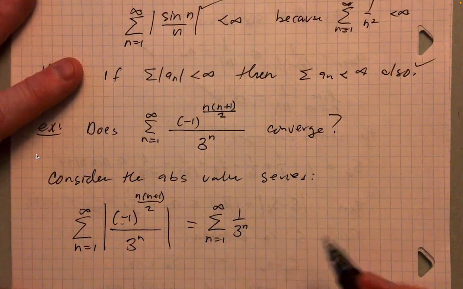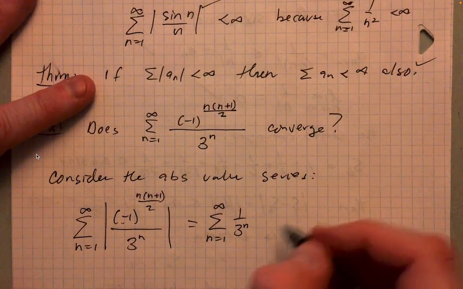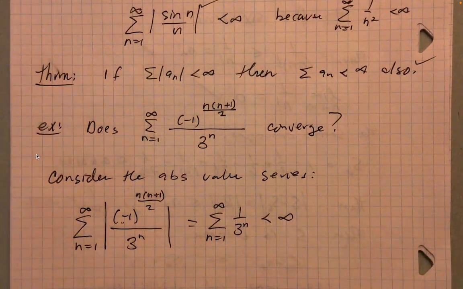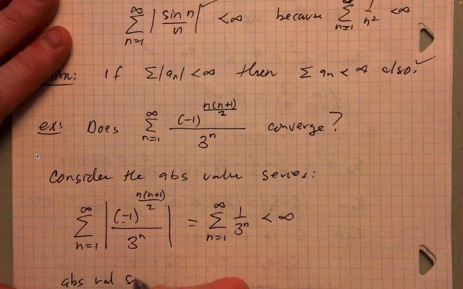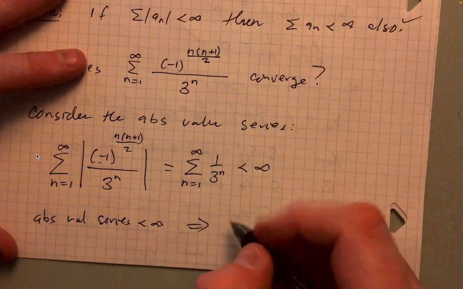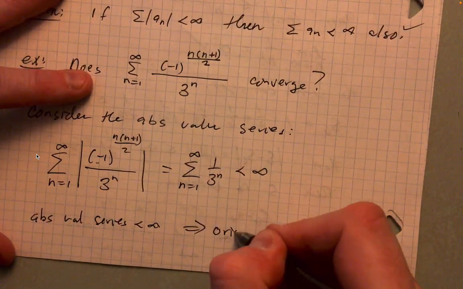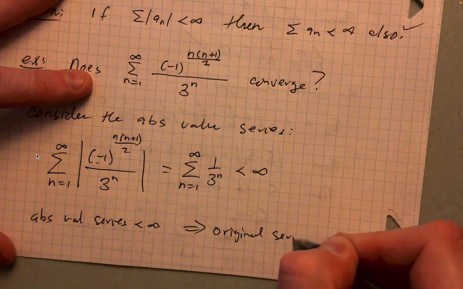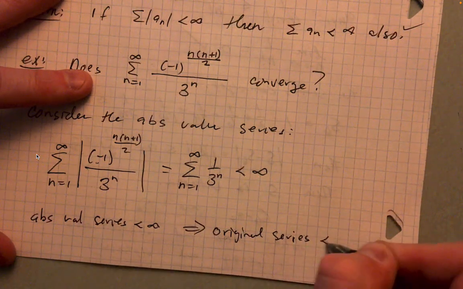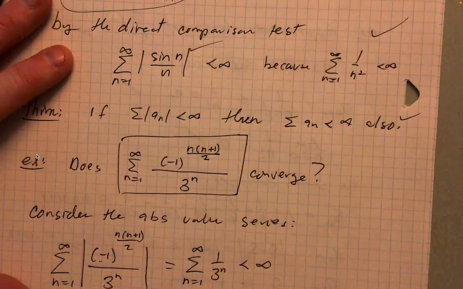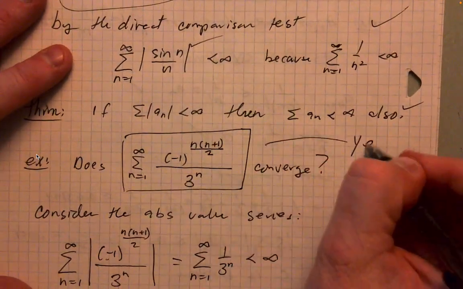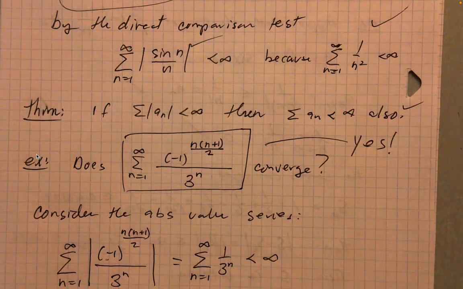This is a geometric series, common ratio of 1/3. This is going to converge, right? So the absolute value series converges, and that's going to imply that the original series converges as well. Okay, so this guy right here, yes, it does converge.